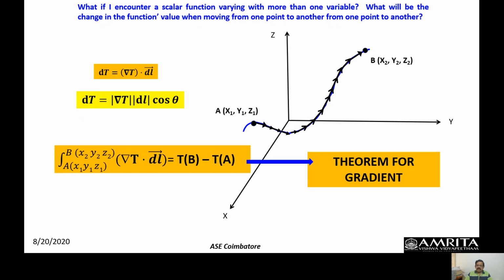Same thing with the Eiffel Tower: if I know the gradient at each small infinitesimal step, take the displacement, rather the height at each step, and sum it up, that will be the same as putting an altimeter at the top of the Eiffel Tower and at the ground, getting the values, and just subtracting them. So both are the same. That is the statement of the gradient theorem.